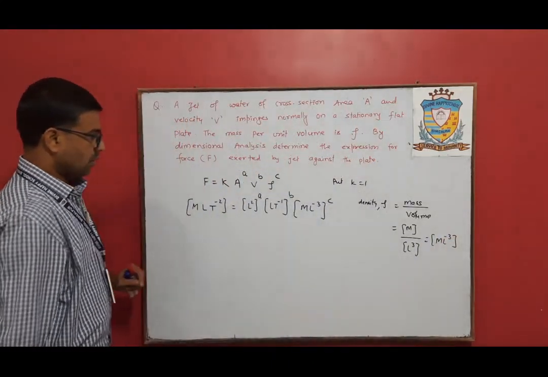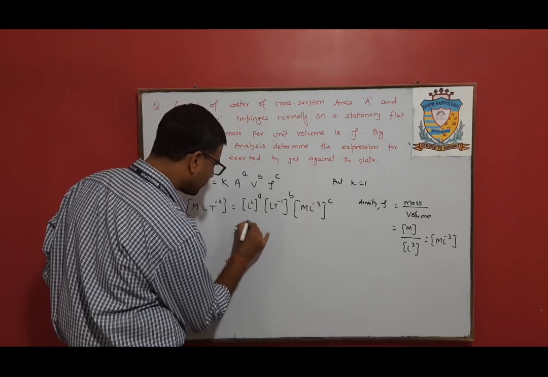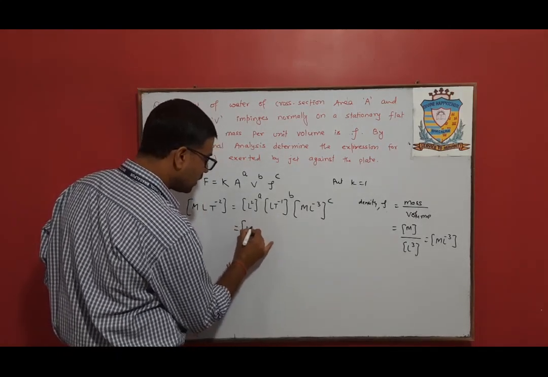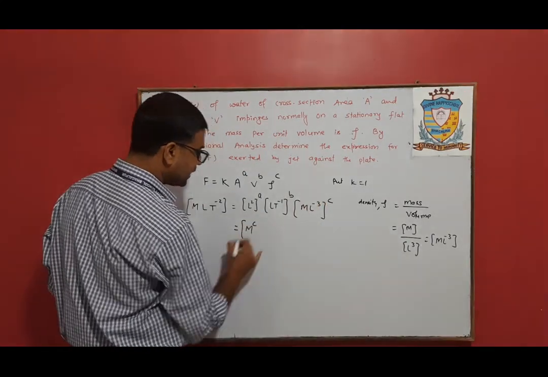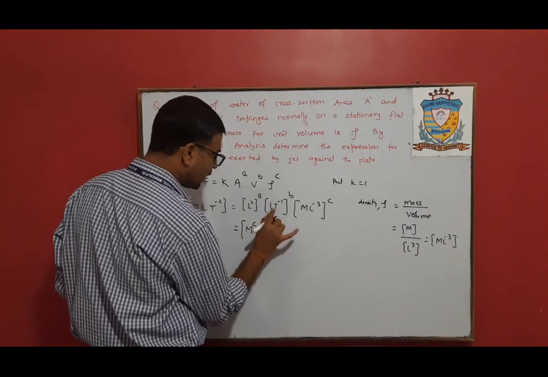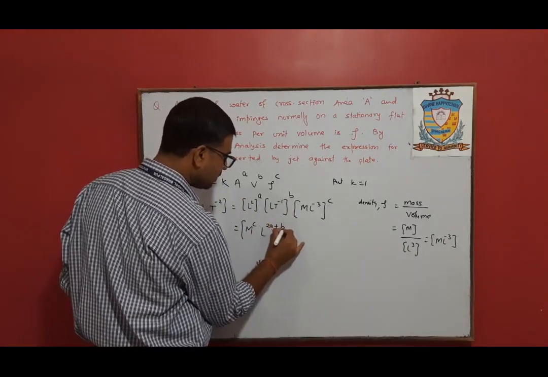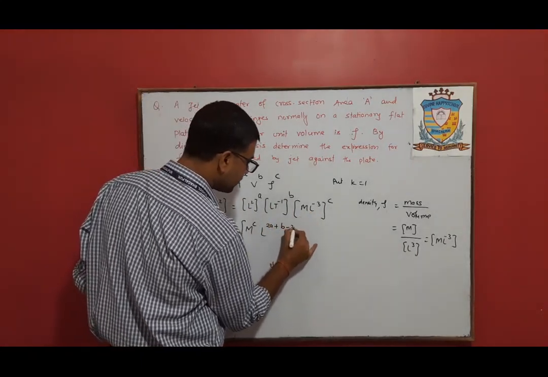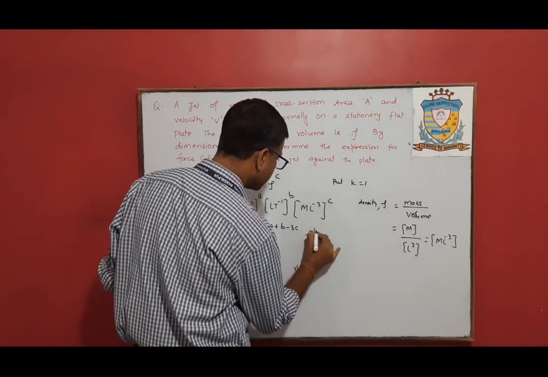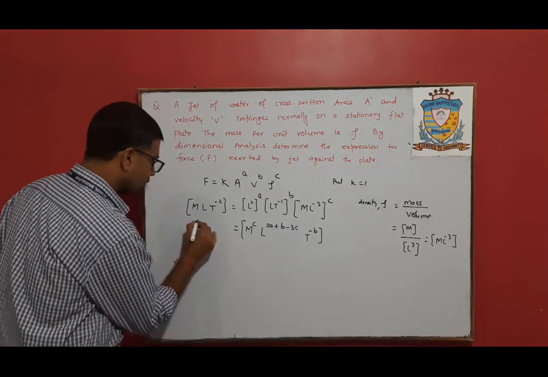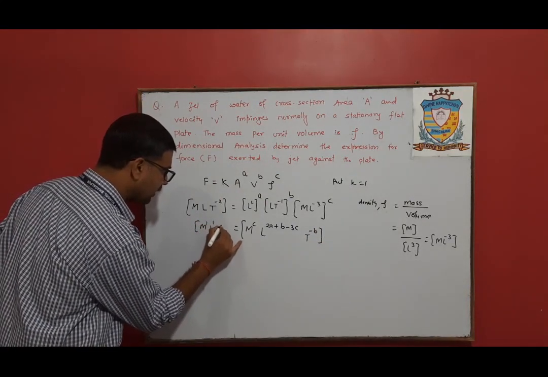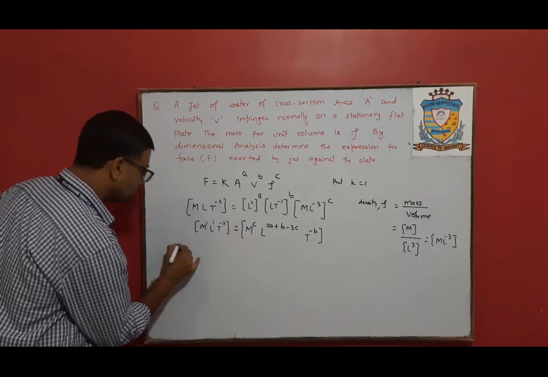So we get M raised to the power c, L raised to the power 2a plus b minus 3c, and T raised to the power minus b. This can be written as M1 L1 T minus 2.